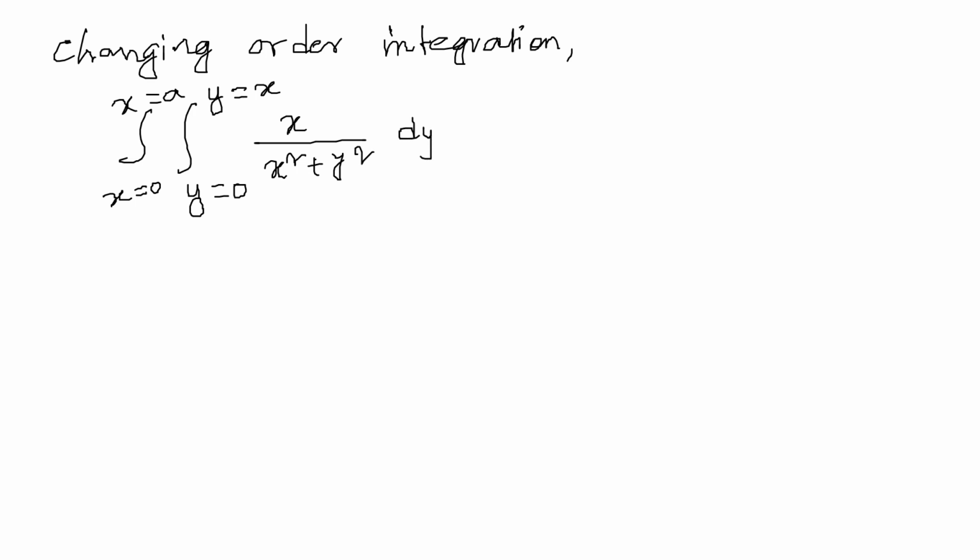So what will be here? It is dy dx, because this limit is for y, so we do with respect to y first and then with respect to x. This is the changing of order of integration. Then if you do the integration, the x limit is 0 to a.